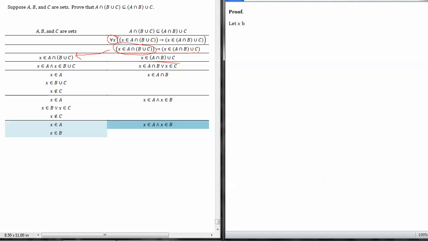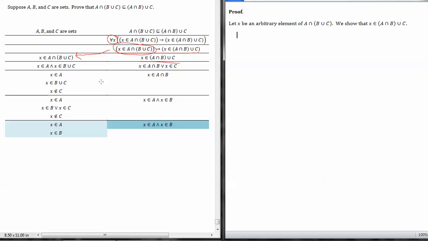Let x be an arbitrary element of A intersect B union C, and then we are going to show that x is in A intersect B union C. Good.